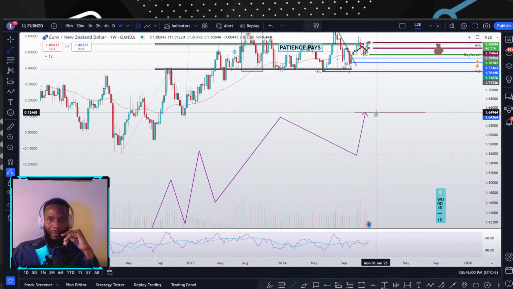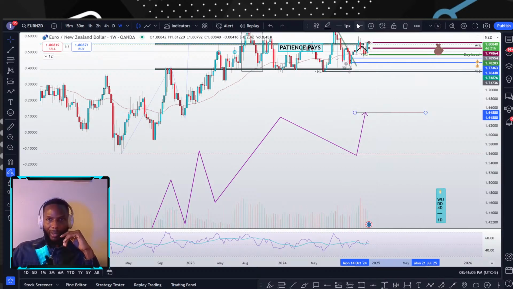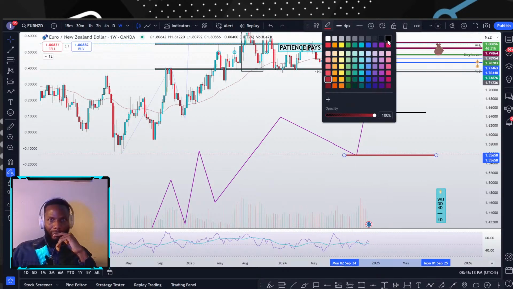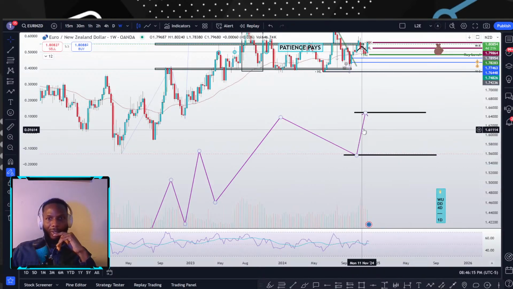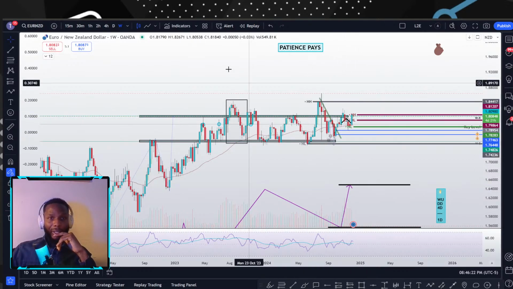I don't even know if you can see that, but I will make it black. So I only care about this area here. When you see me put on the chart the higher low and the higher high, that's the weekly area. So the W right here for the weekly, right?